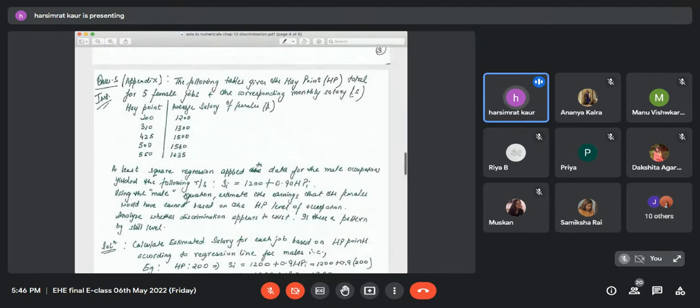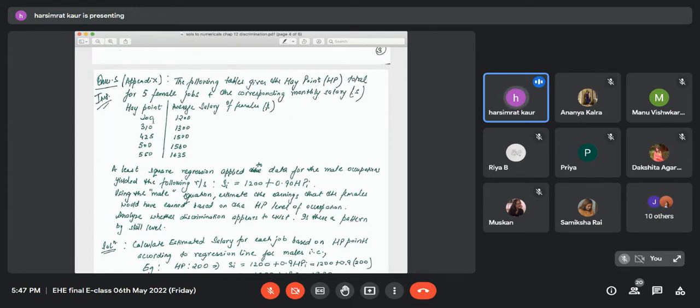So guys, the question is given as: the following table gives the rating points. It's a company which rates the total for 5 female jobs. There are 5 different female jobs. You can write them as job 1, job 2, job 3, which though not written, you can still write for your clarity, and the corresponding monthly salary of the female workers.